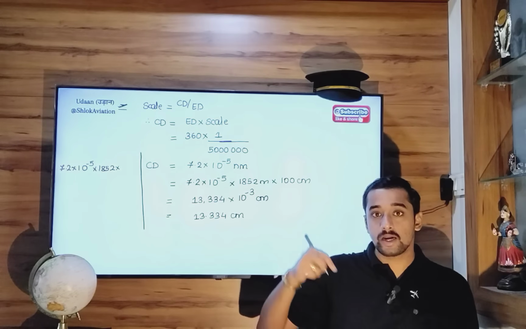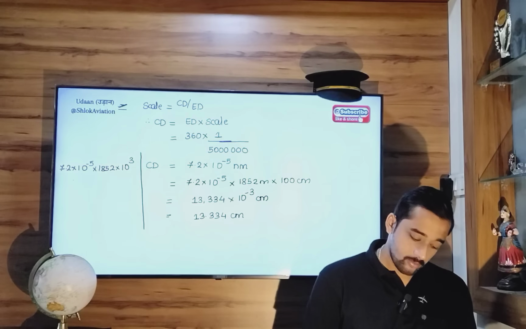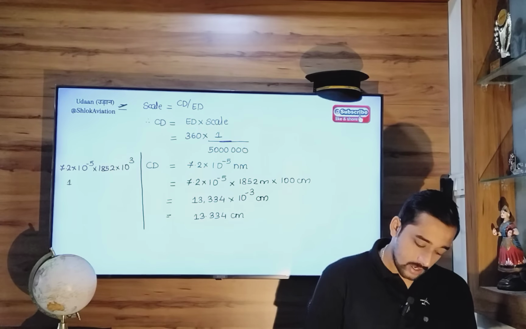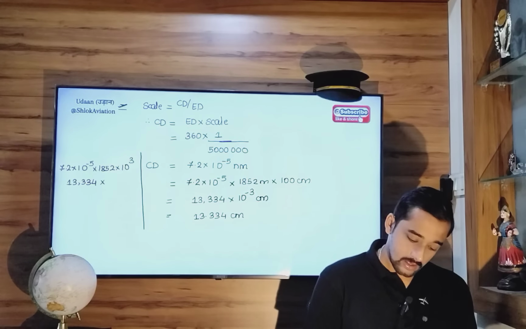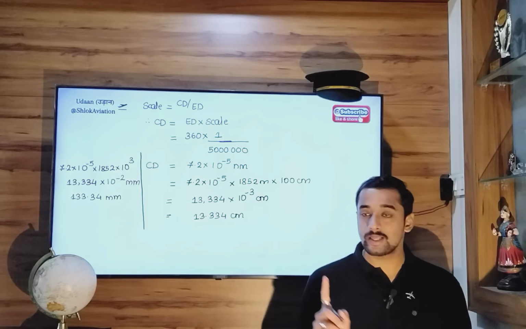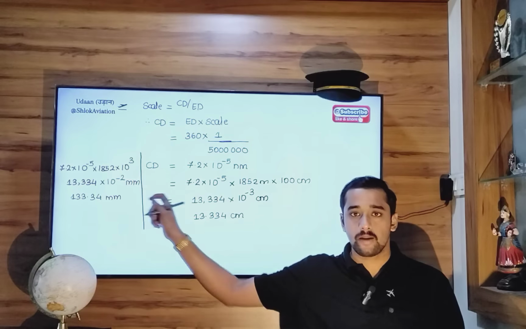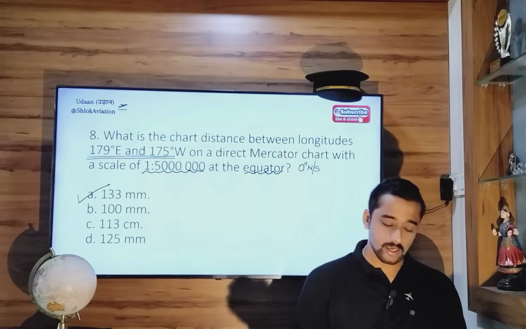For millimeter you multiply 1000, 10 raised to 3. 7.2 into 1852 is 13,334. Multiply by 10 raised to minus 2 millimeter. So final answer will be 133.34 millimeter, approximately 133 millimeter. So correct option will be option A.